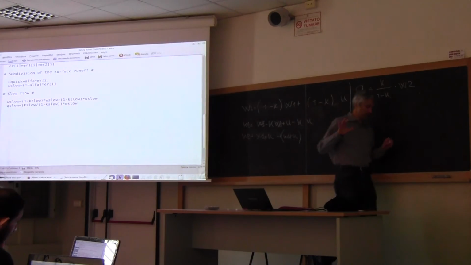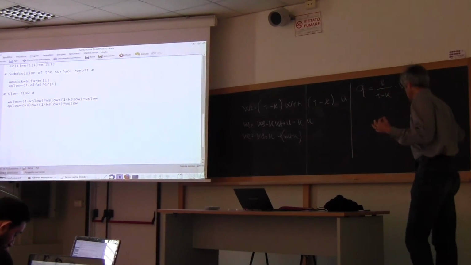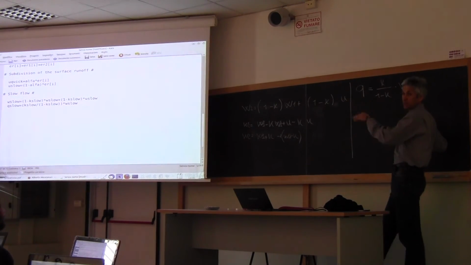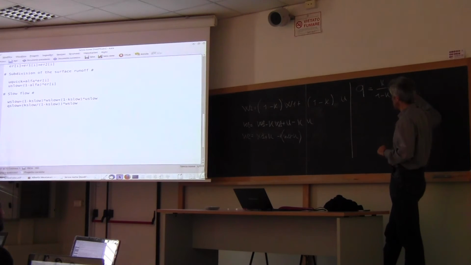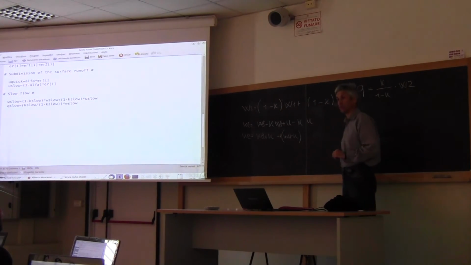This is something that you may not understand. Indeed, it's easily understandable, and in my opinion could be also more easily written in the code if you substitute for W what is given by this first relationship.